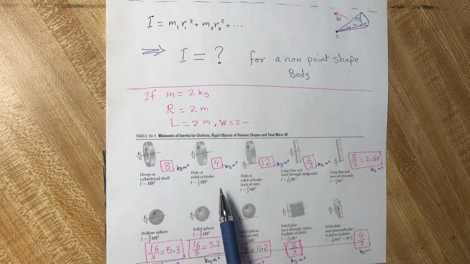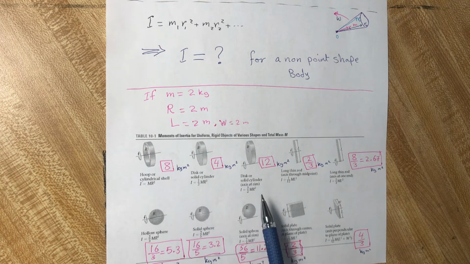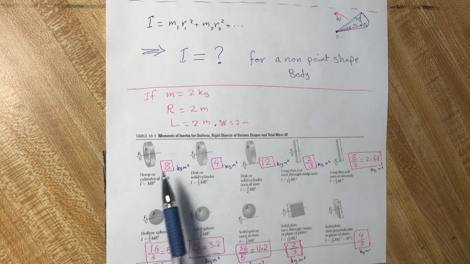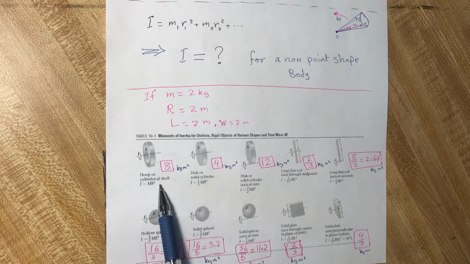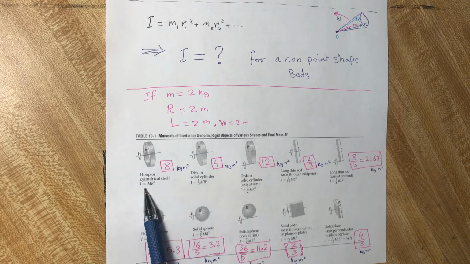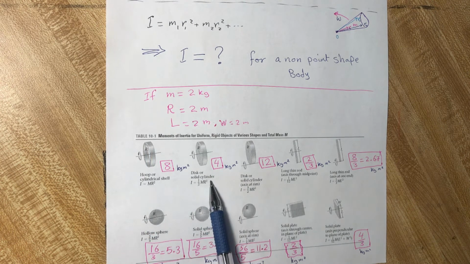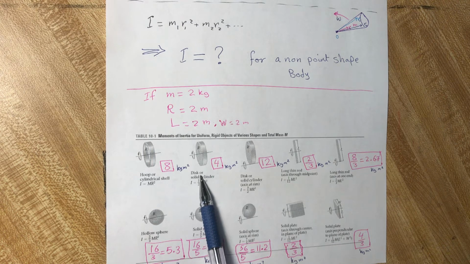You need just to put in the numerical values and calculate what is required. For example, for a hoop or cylindrical shell, the moment of inertia is mr squared. For a solid cylinder or disk, it is half mr squared.